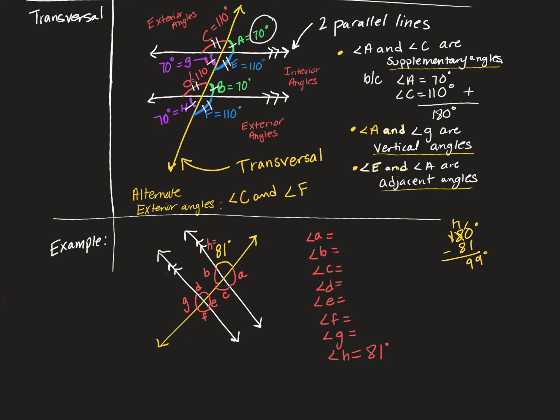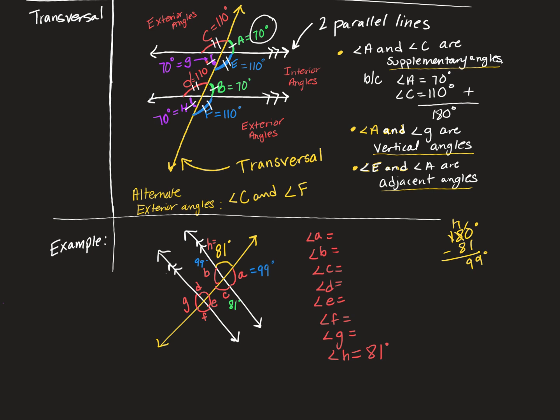That means angle A is 99 degrees. Angle B is vertical to angle A, so angle B is also 99 degrees. Angle C is vertical to angle H, so angle C is 81 degrees. So I found A, B, C, and I was given H.